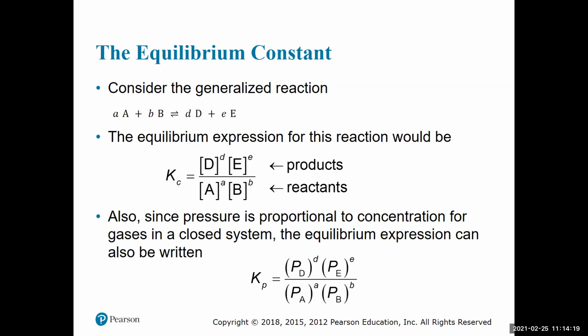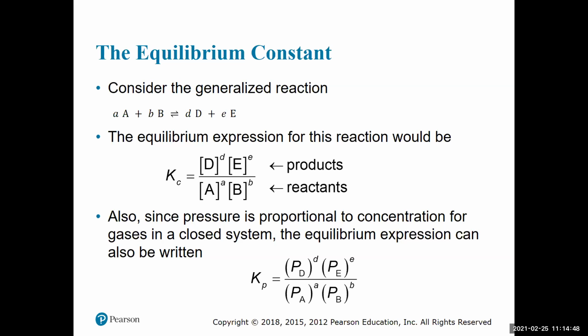So this idea here, products over reactants, then using the coefficients from the balanced chemical equation to know what the exponents are, you have to know this, okay? You have to remember this. The other thing I want to point out is usually we're talking about concentrations, but sometimes we do talk about pressure, and that's what the equation down below is.